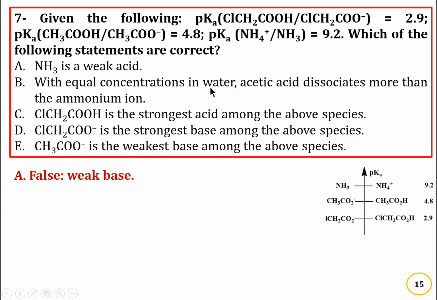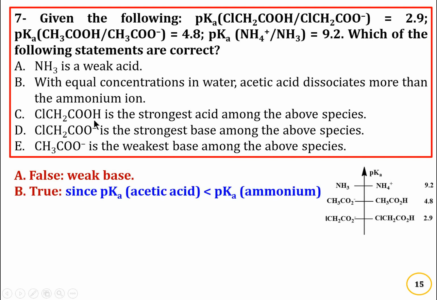With equal concentration in water, acetic acid dissociates more than the ammonium. So it is proposed that acetic acid is a stronger acid than ammonium. And this is true, since the pKa of acetic acid is less than the pKa of ammonium, or in other words, the Ka of acetic acid is greater than the Ka of ammonium.